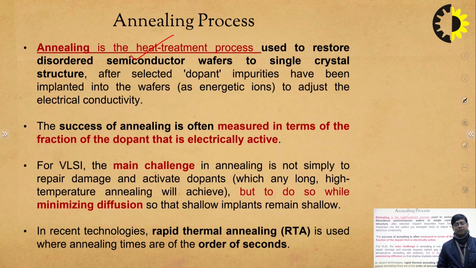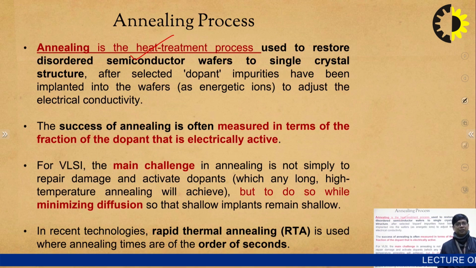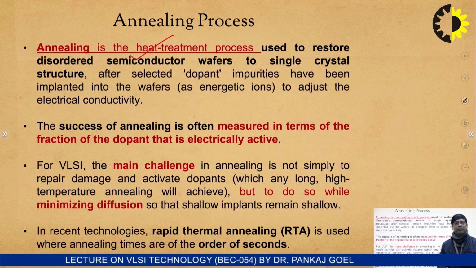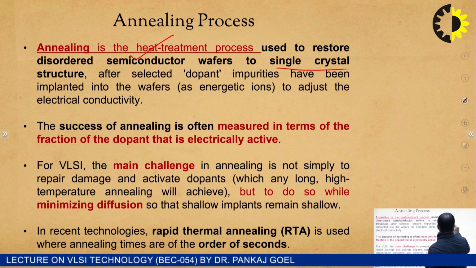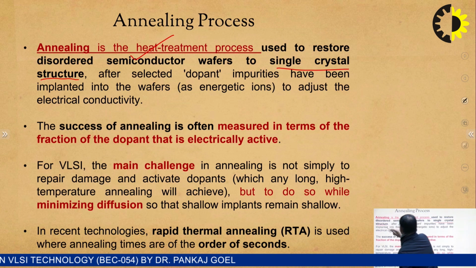Because we know that when dopants are bombarded onto the silicon wafer, it gets damaged. So, we say the structure is disordered. This disordered structure needs to be corrected. It needs to be restored into its original form. Original form is known as single crystal structure.